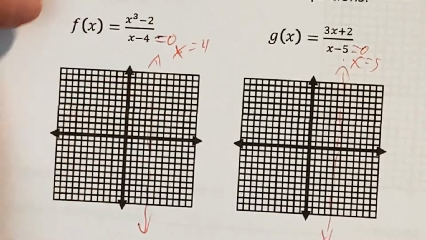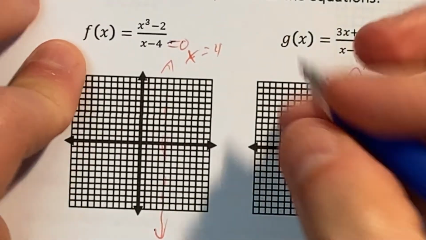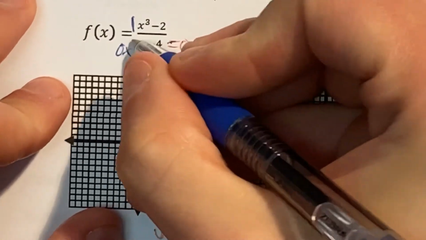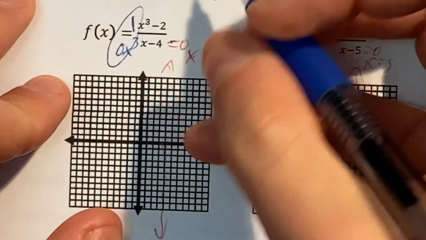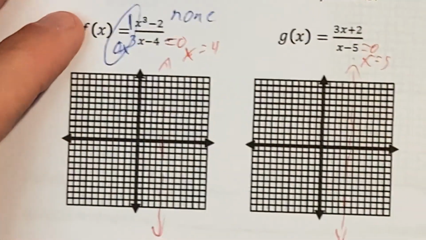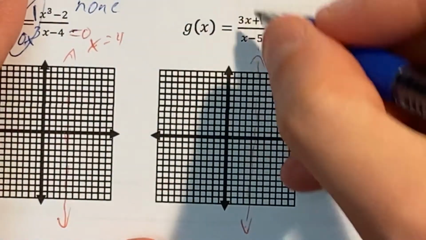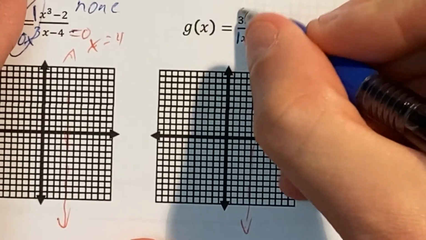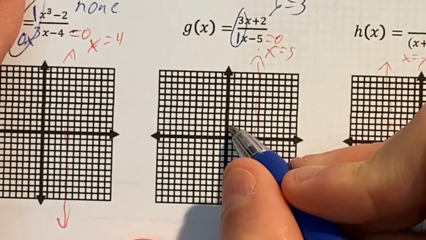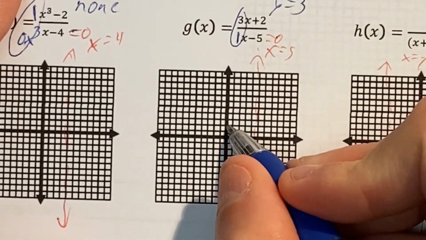Finally for horizontal. 1x to the third over 0x to the third. That's none, because 1 over 0 is undefined. 3x over 1x. 3 over 1 is 3. So 1, 2, 3.